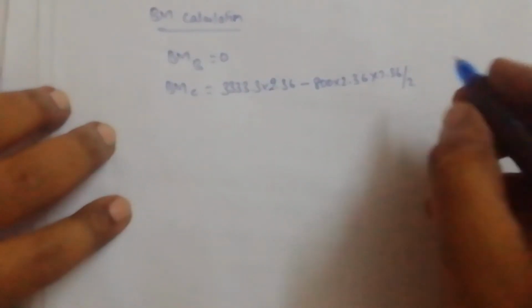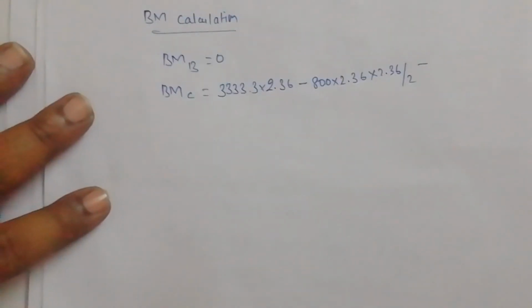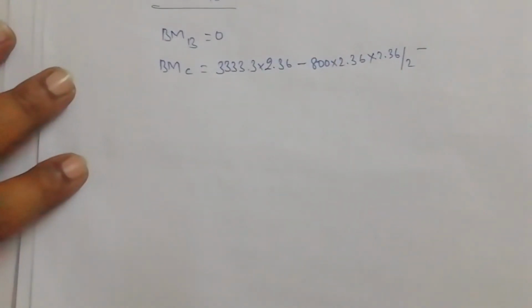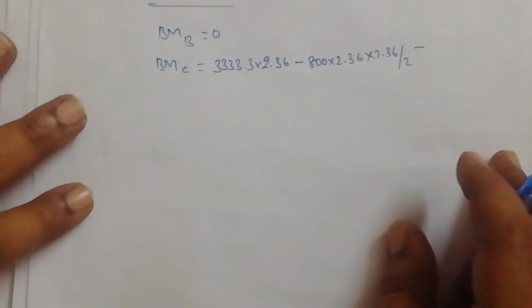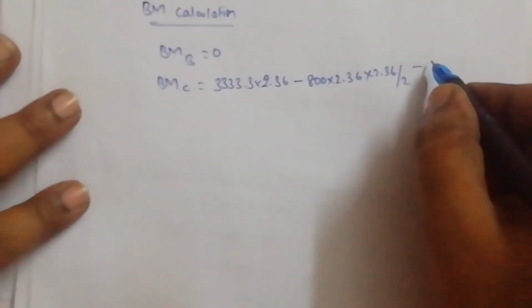Okay. So next is because of your UDL, which is of height 160 into x value, 2.64.